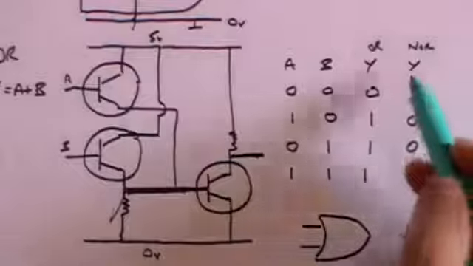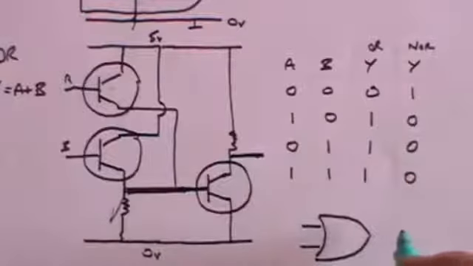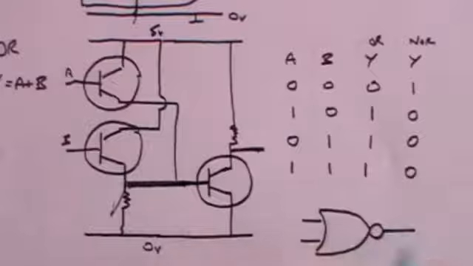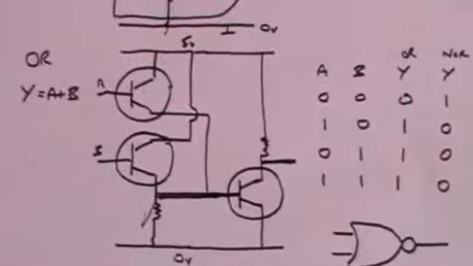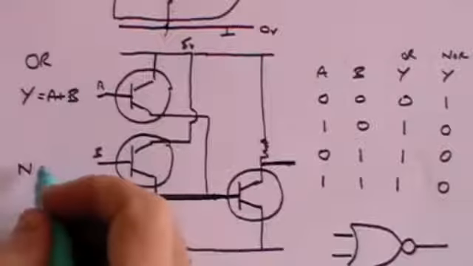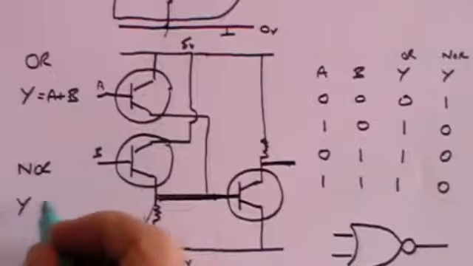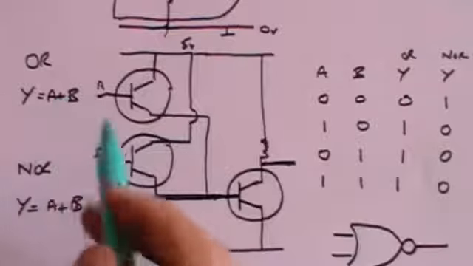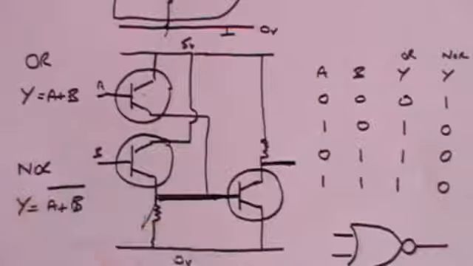And so you've now got a NOR gate, and a NOR gate symbol, of course, is the same as an OR gate, but you put a circle on it like that. And the representation of a NOR gate is Y equals A plus B, which is the same, of course, as the OR gate, but you put a line over the top.